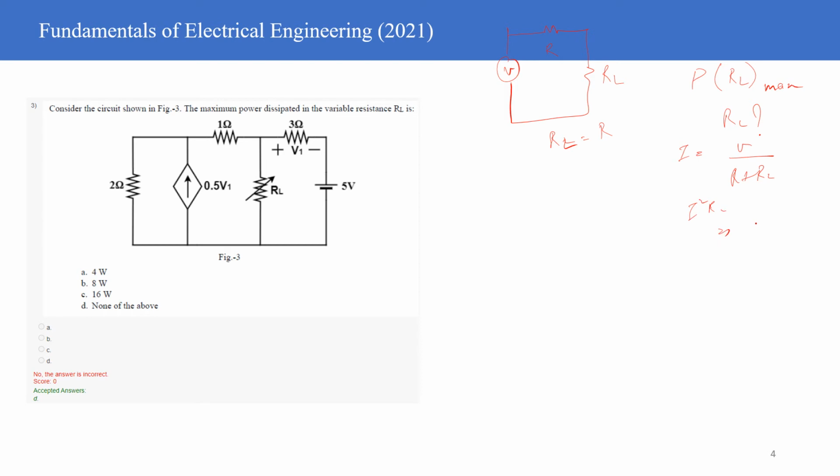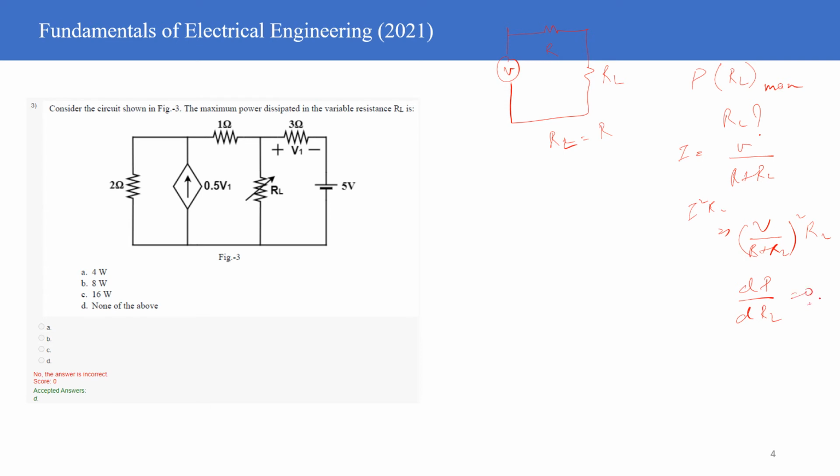Therefore, you can write power dissipation as P = (V/(R+RL))^2 times RL, right? Now, if power dissipation is maximum, then the differential of power with respect to RL, dP/dRL, is going to be equal to 0, right?